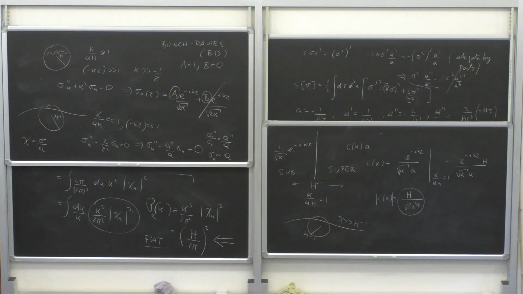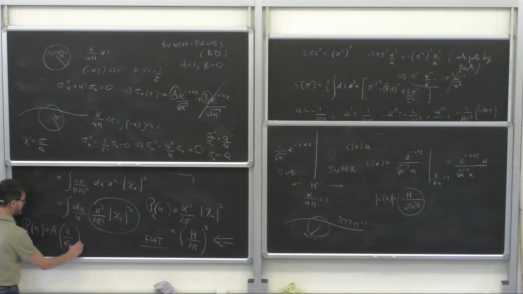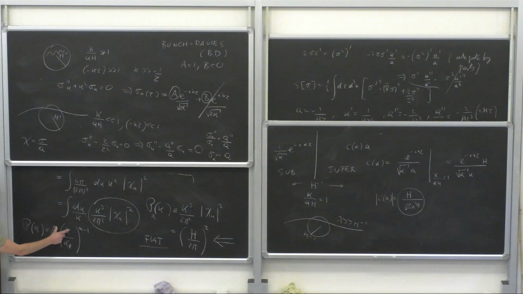So in other words, let me also define another quantity. In general I define the power spectrum as some amplitude times (k over some scale k star) to the power n minus 1. In general, I can write down the power spectrum like this as long as it's writable as a power law. The quantity n is called the spectral index.